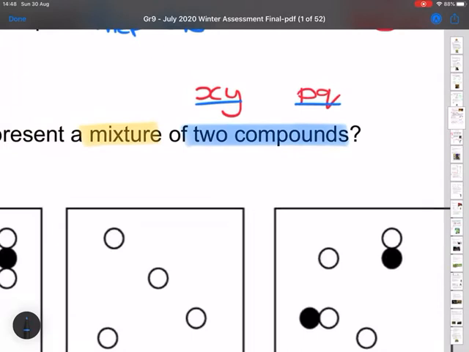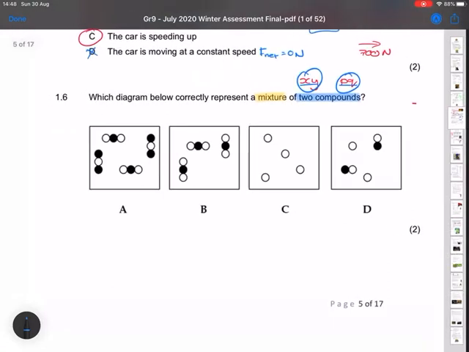And the mixture means that you've got compound XY and compound PQ, both of those in a container, but they're not chemically bonded together. So let's go through this. Let's start with the easiest. Option C, you've only got one type of element here, and it's not even a compound because you've just got the same atom. They're not even bonded. So option C is just a pure element.